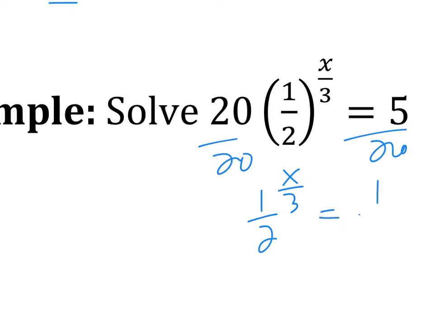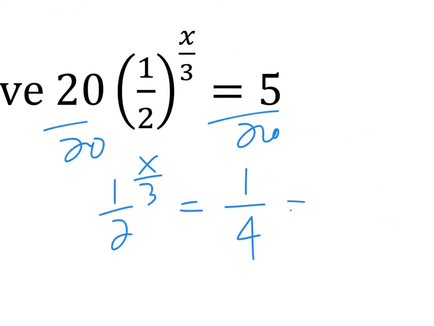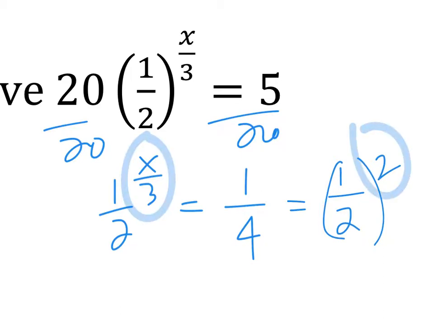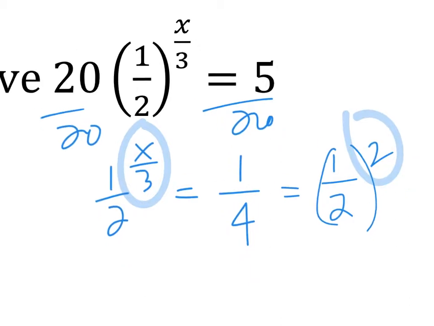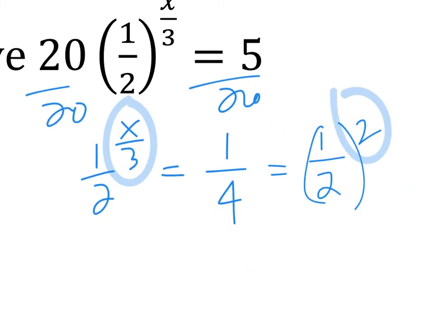Of course, you can solve this any way you want, but let's use the rule that I just showed you. If you change them so that they have the same base, then you can make the exponents equal and solve. So that's kind of the trick. If you cannot do it, then you got to do something else.